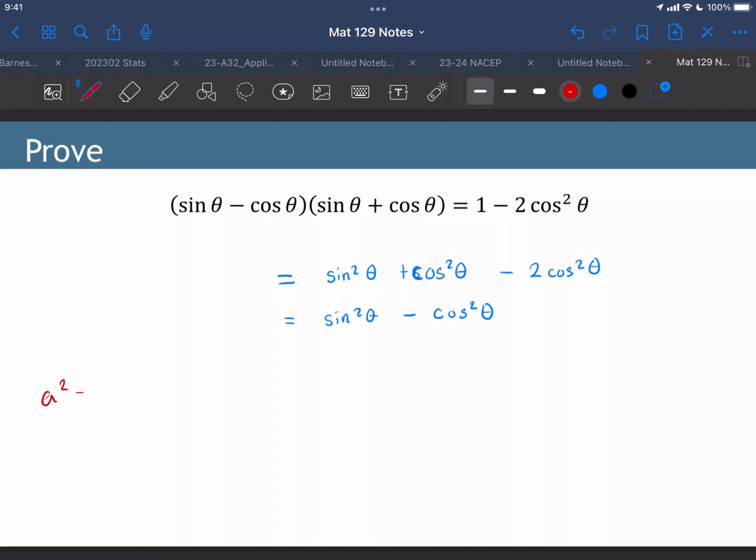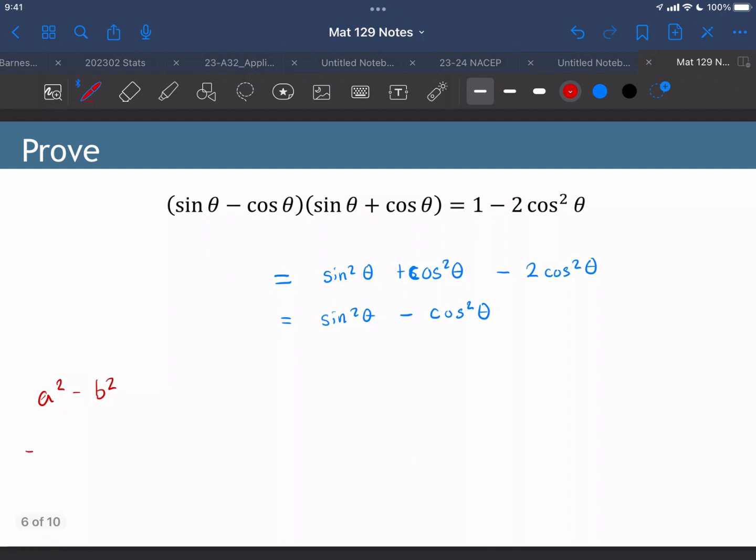If you have a squared minus b squared, hopefully you remember, but if not, that's equal to a minus b times a plus b. That's a common factoring thing that comes up a lot, and so it's a good thing to remember. And so in this case, my a and b are my sine and cosine.